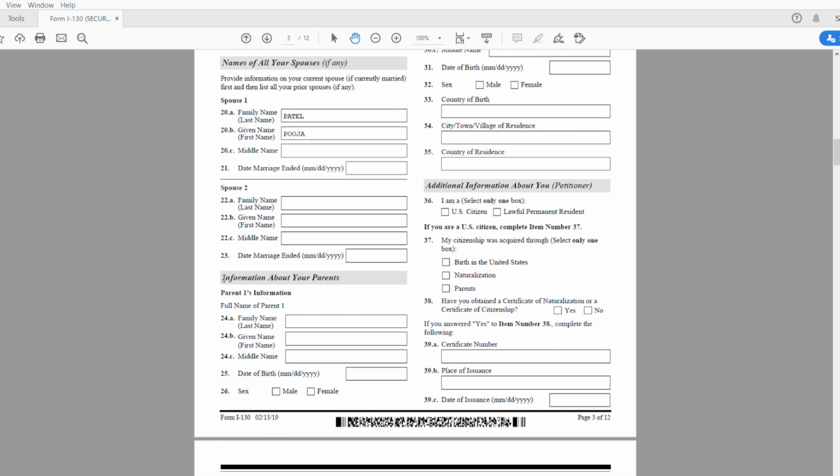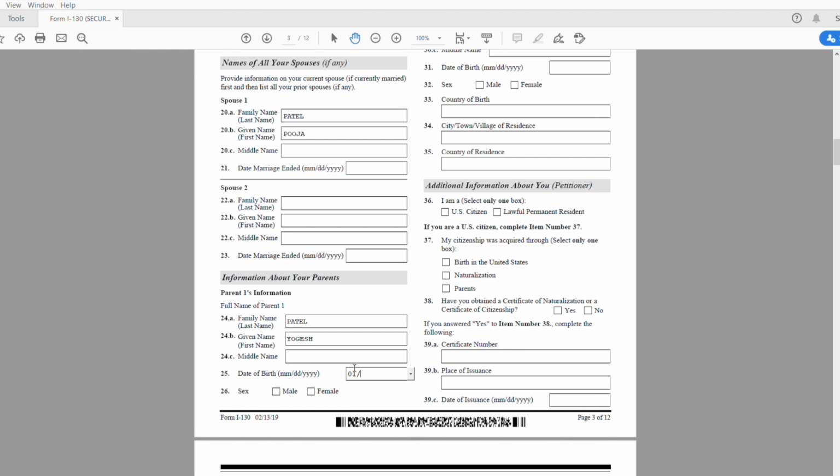Moving on, information about your parents. Parent 1's information, full name of parent 1. Here you're entering the information about the petitioner's mother and father. So go ahead and enter the last name, Patel, and the father's first name. Again, this person does not have a middle name.